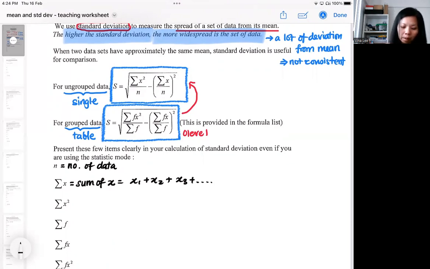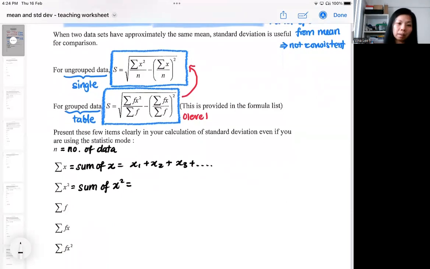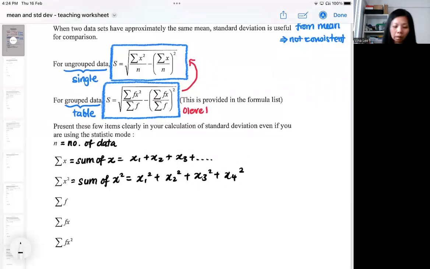Then this one will be the sum of x squared. The symbol tells you that you are adding up x squared, meaning you square each individual value, then you add them up. This one is called the sum of f, which means you add up all the frequency.